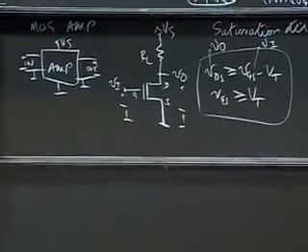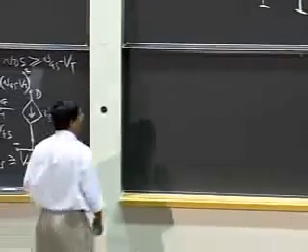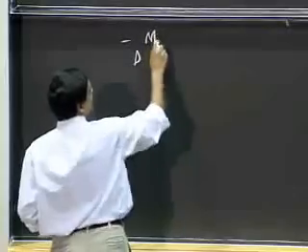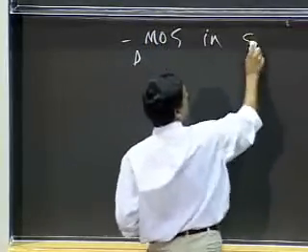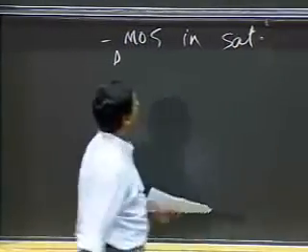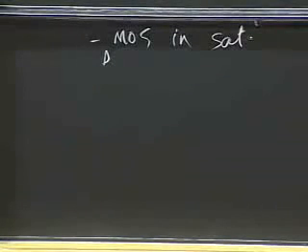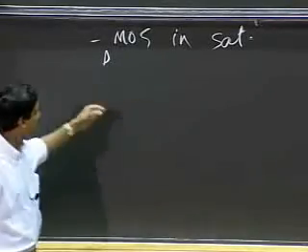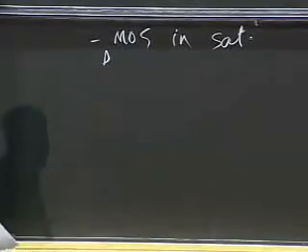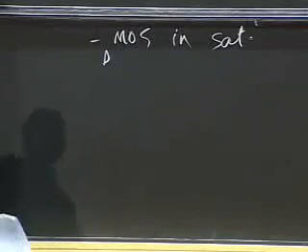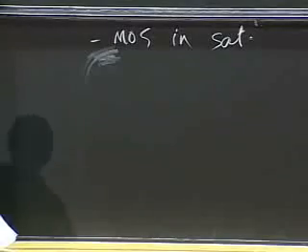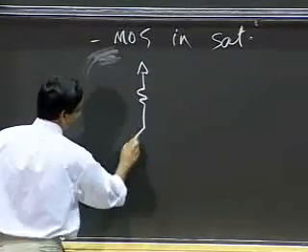So we could go ahead and analyze that circuit. What I do to analyze the circuit, I'm telling you this: I'm telling you that the MOSFET is behaving in saturation. Okay, we have disciplined ourselves to say that in that circuit, the MOSFET is in saturation. As soon as we tell you that, we can then go ahead and analyze that circuit. And to analyze that circuit, what you will do is simply replace the MOSFET with its equivalent model. And that looks like this.